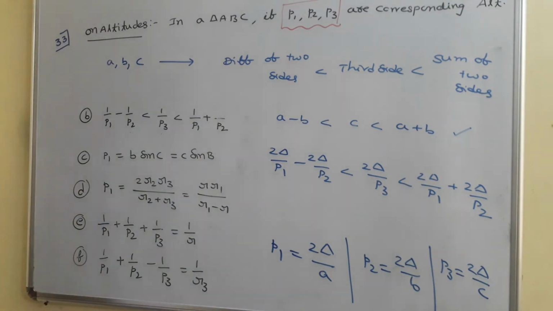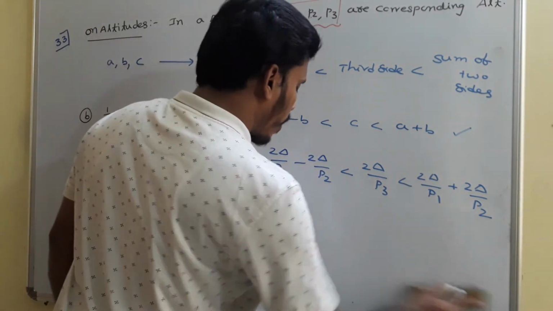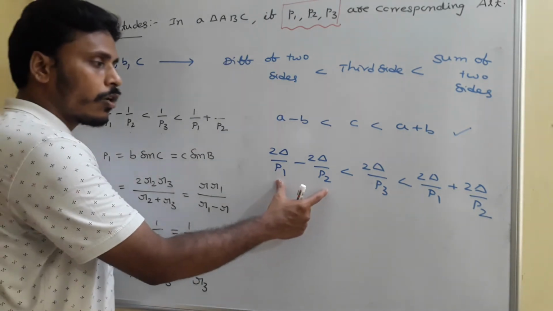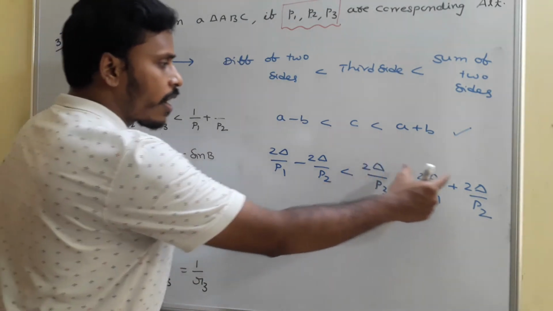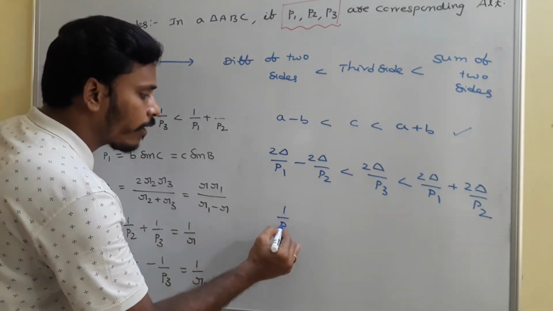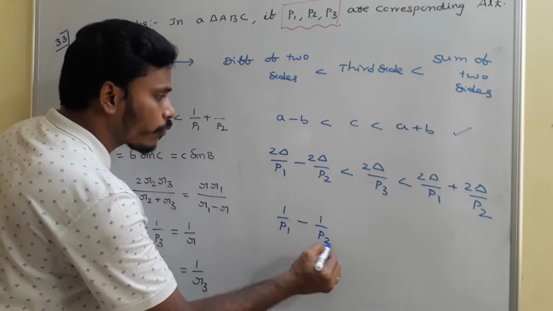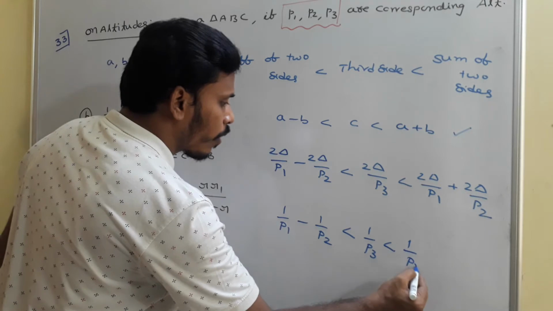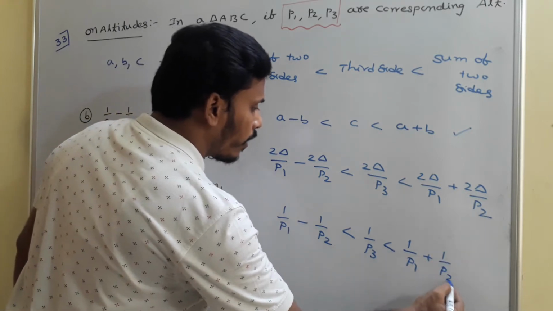It's very easy actually, the simplification part. If you cancel out the 2 delta everywhere, you are left with 1 by P1 minus 1 by P2 is less than 1 by P3 is less than 1 by P1 plus 1 by P2.